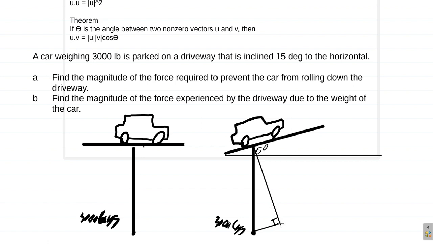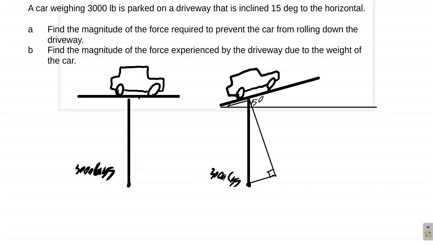where we have the magnitude on the surface of the driveway would get short, and we have this magnitude of a certain force would be similar to this. So you have a certain component of this vector.